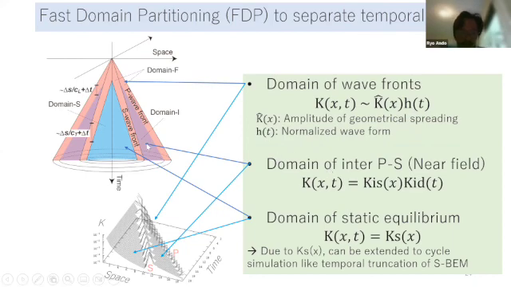For the near-field term, the exact kernel form already has a separated form like this, so we don't need any approximation. And for the domain of the static equilibrium, we already have the kernel only depending on space.